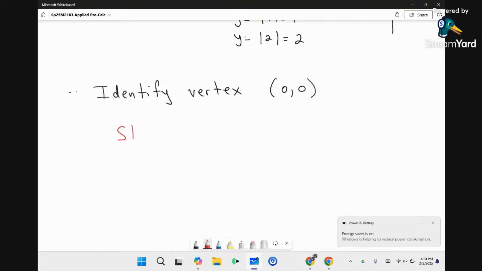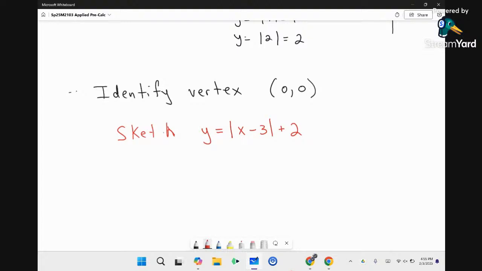Sketch y equals the absolute value of x minus 3, then plus 2. And you're going to think about this as follows.